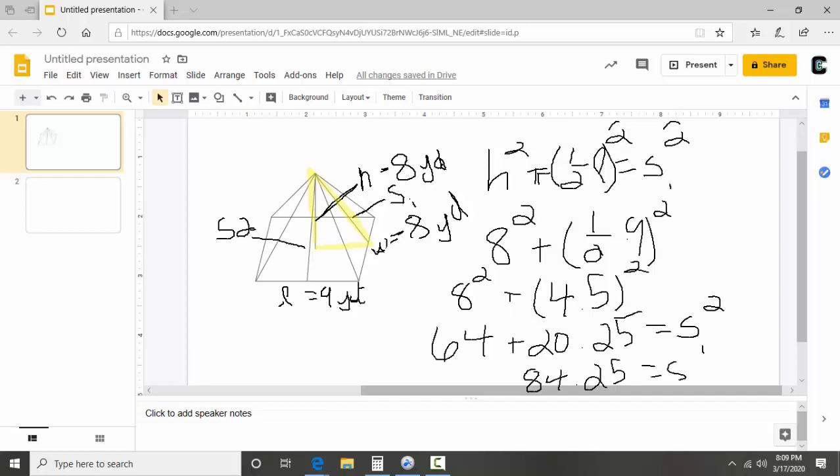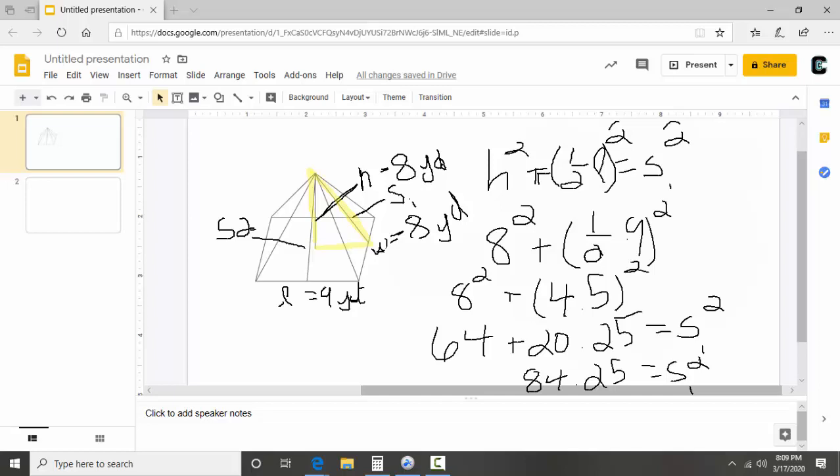But remember this, and this is where a lot of students miss out seriously on these points. I very, very rarely have a group that gets all the points on the pyramid, and usually it's because of the S1 and the S2. A lot of students leave their answer at this and say 84.25 yards is their S2.